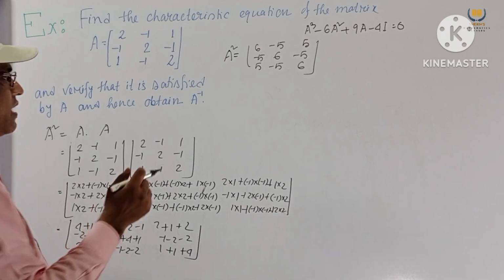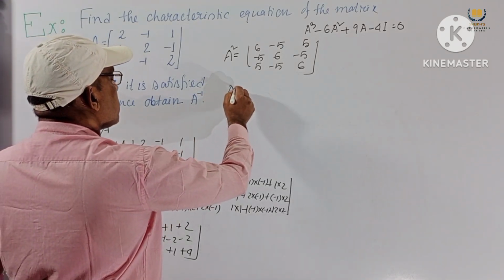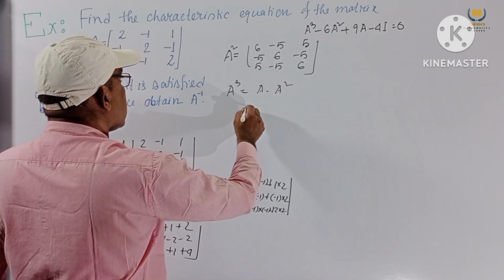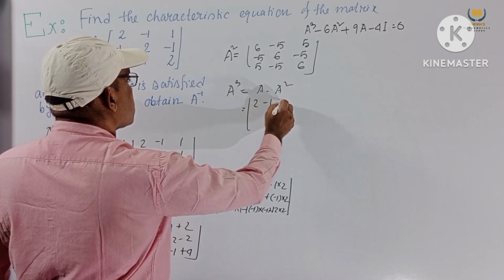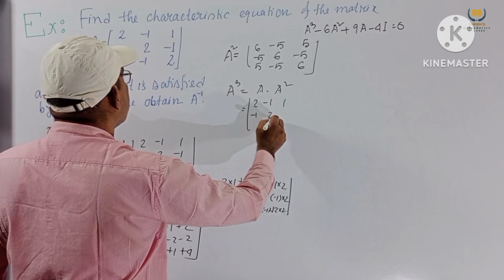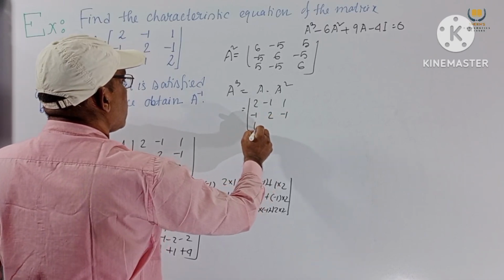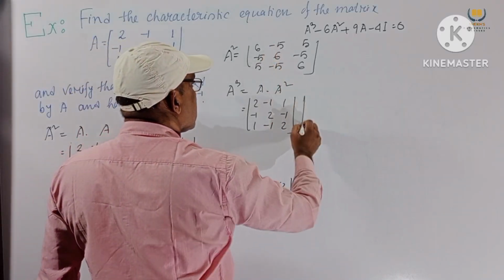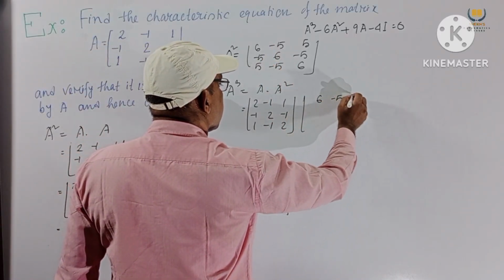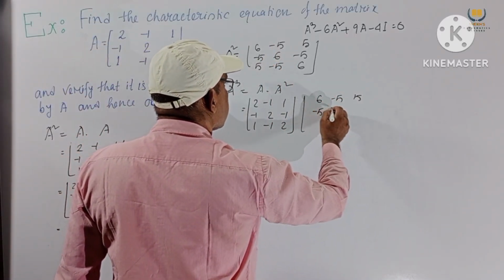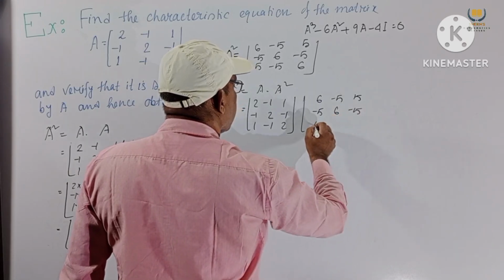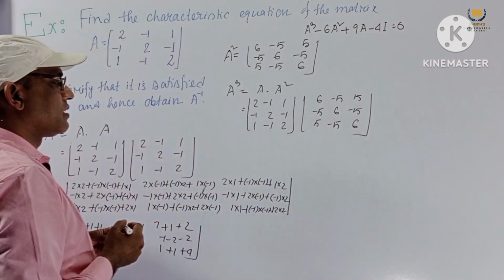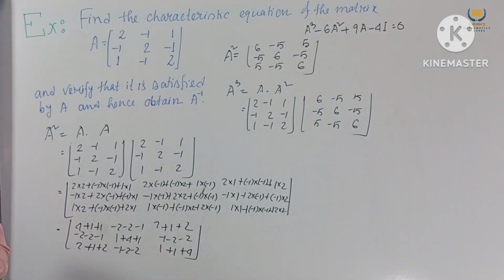Now we have to find A cubed, which equals A into A squared. A is [2 -1 1; -1 2 -1; 1 -1 2], and A squared we just got is [6 -5 5; -5 6 -5; 5 -5 6].